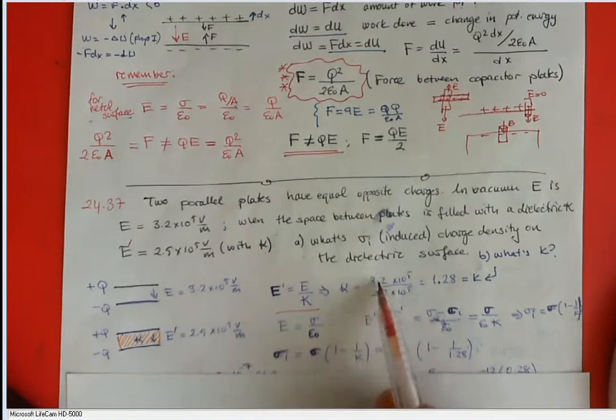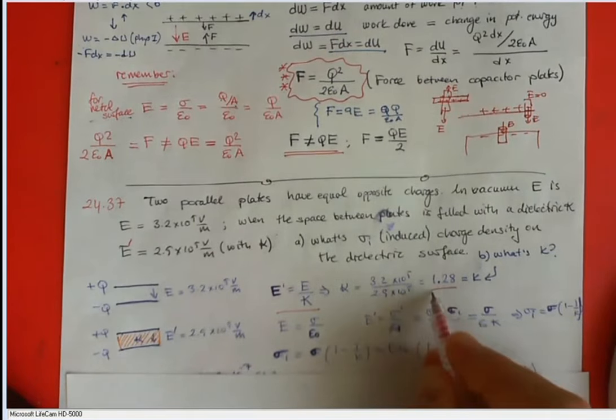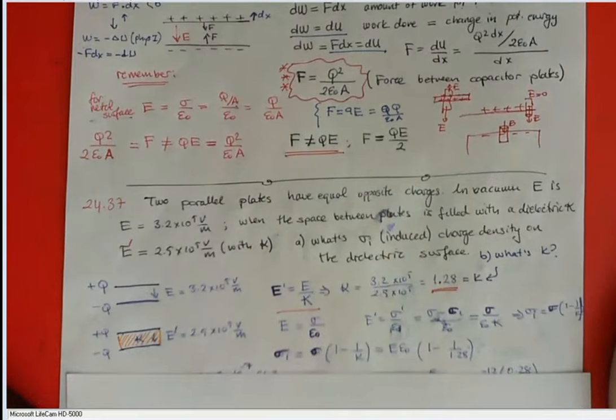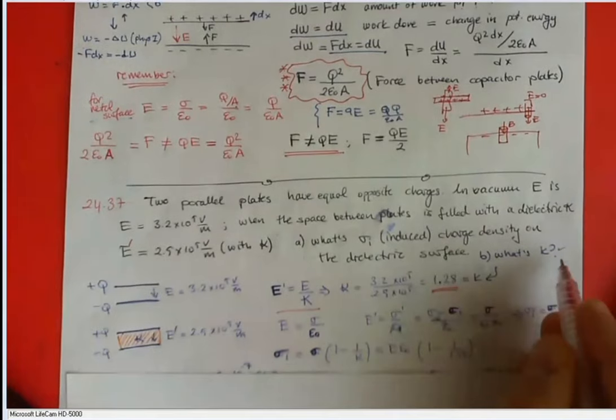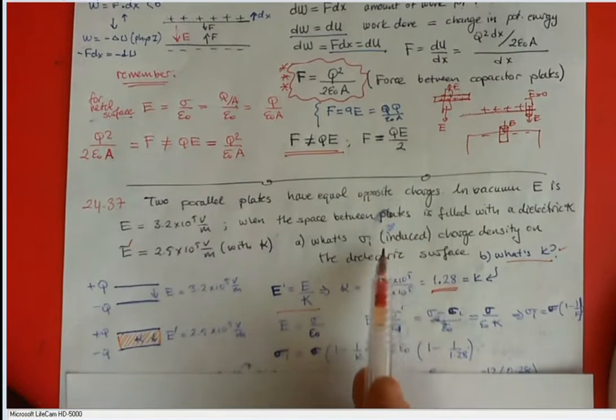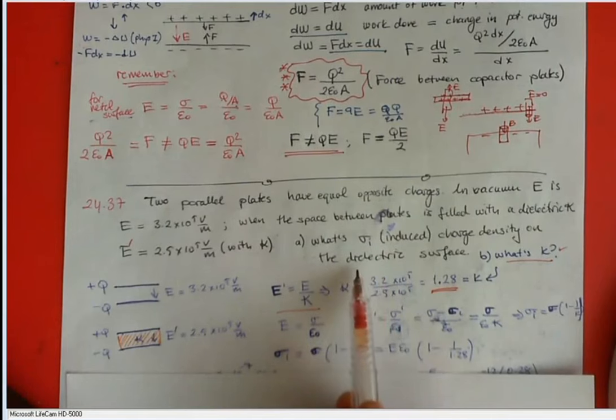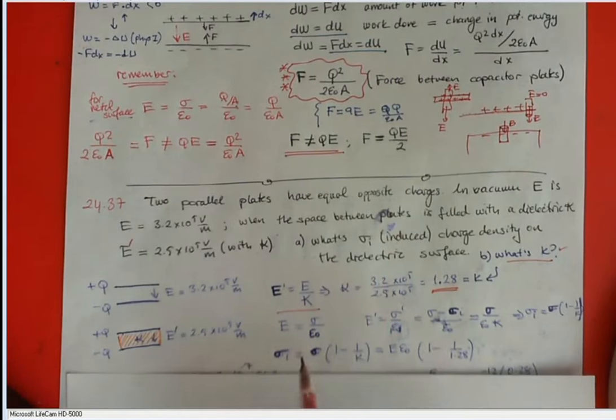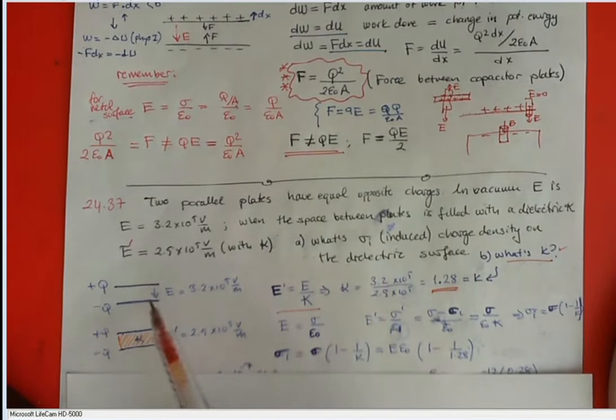So we can figure out kappa by taking the ratio of the electric fields, which is 1.28. And we can also figure out sigma induced, which is the charge on the dielectric surface, due to the electric field of the parallel plates.